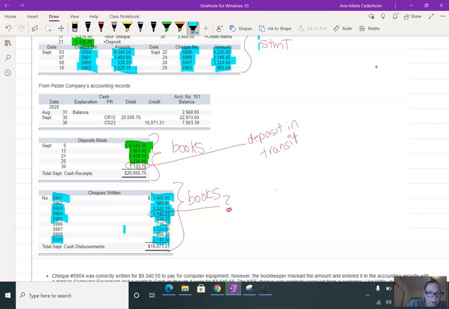So that's that one. So the additional two checks that still haven't gone through the bank account. So again, you wrote them, except for the person that you wrote them to hasn't cashed them yet. So these are considered outstanding as well. So I'll add that to my bank reconciliation.